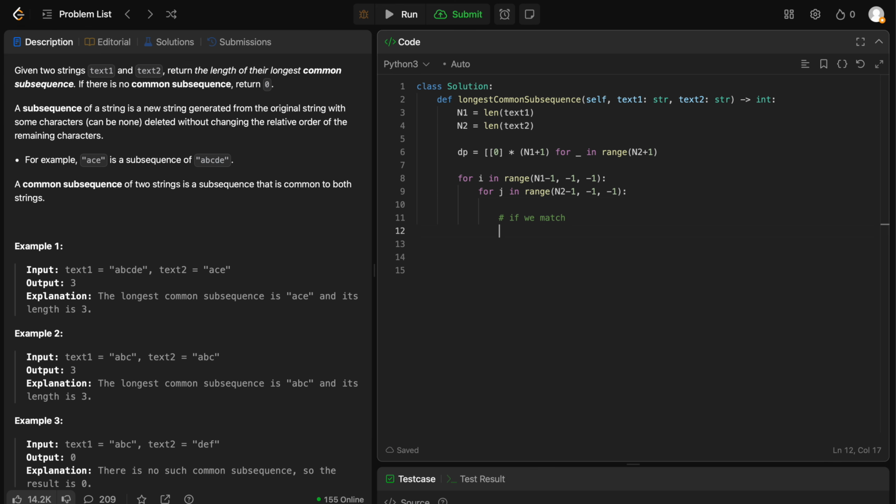If we match, so if text 1 of i is equal to text 2 of j, then our dp of i, j is equal to 1 plus dp of i plus 1, j plus 1.